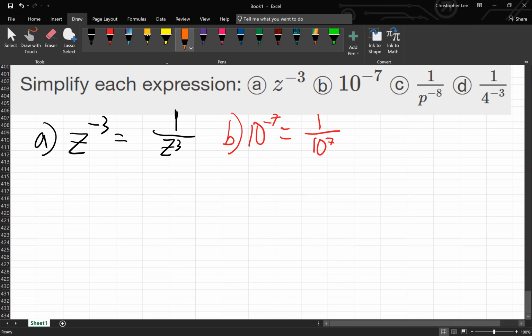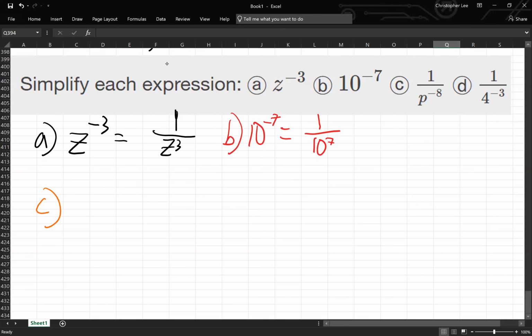All right. How about C? I got 1 over p to the negative 8. What does that become? Good. Now we do keep, change, flip. This final answer is p to the 8.